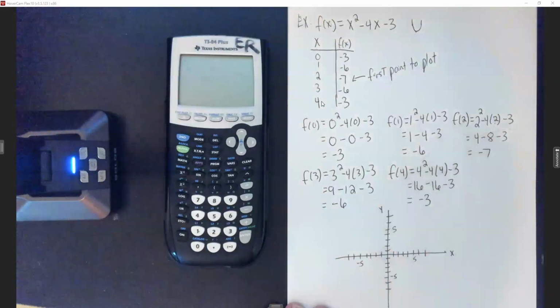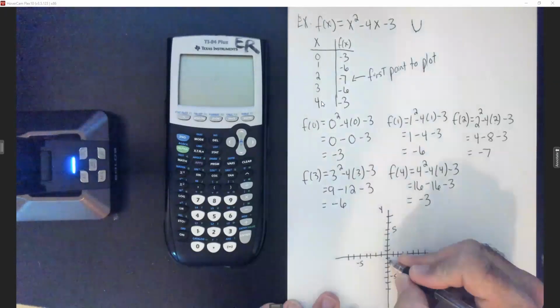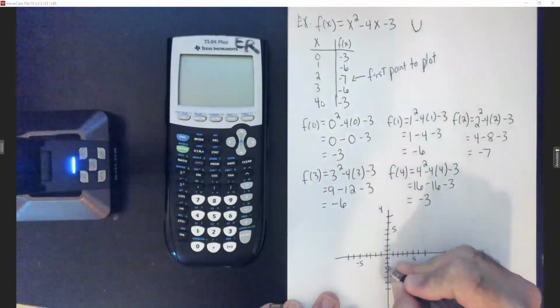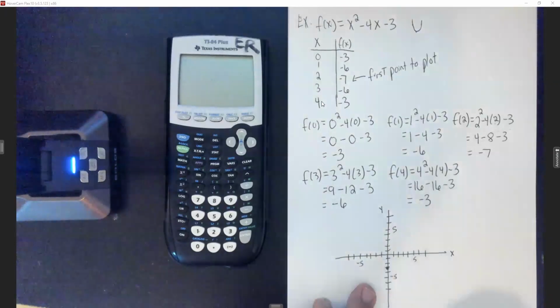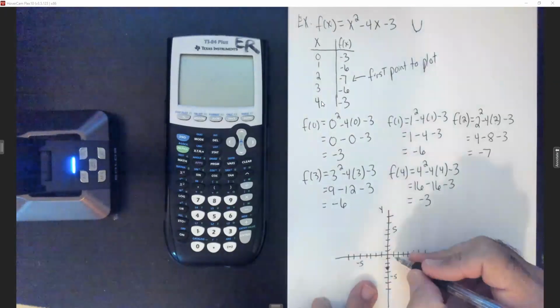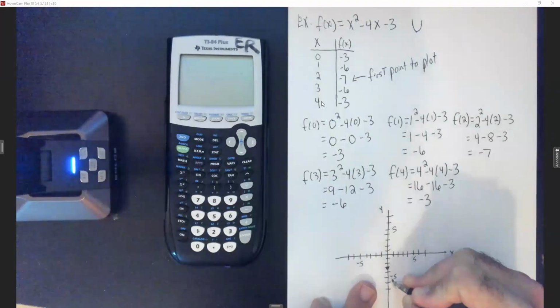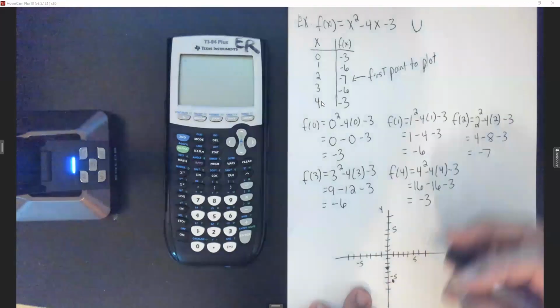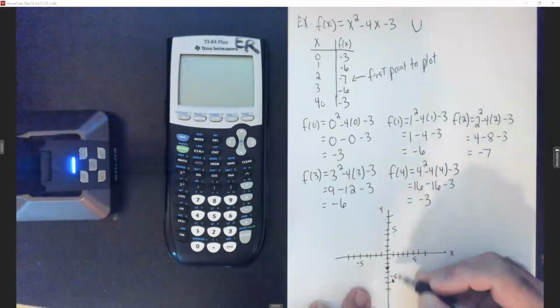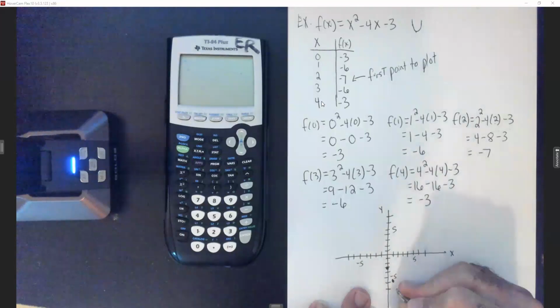All right, so I had 0, negative 3. So 0 and down 3 puts me right here. Then I had 1, negative 6. So here's 1 down to negative 6. Then I had 2, negative 7, so that'd be down here at negative 7.